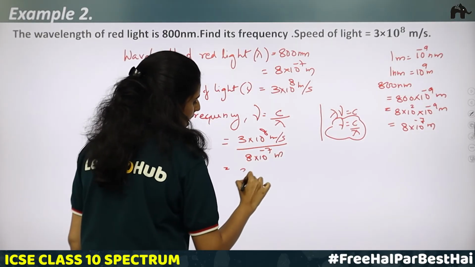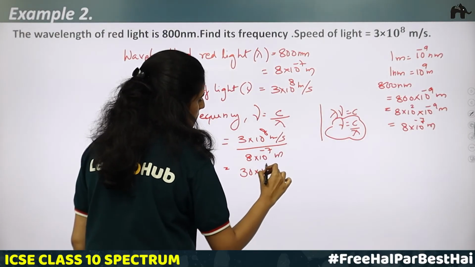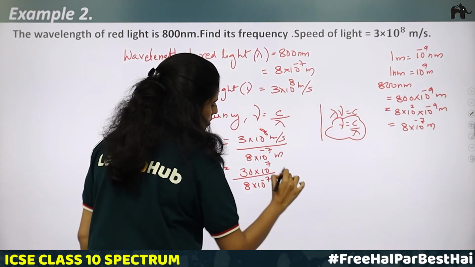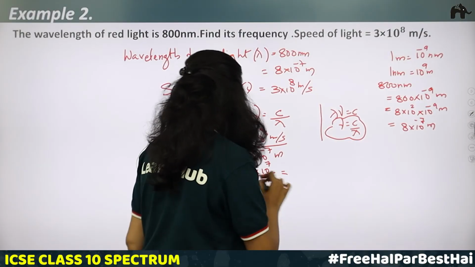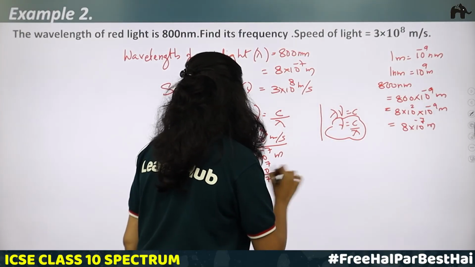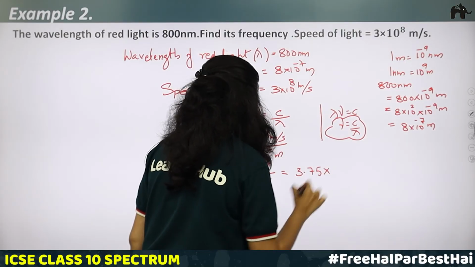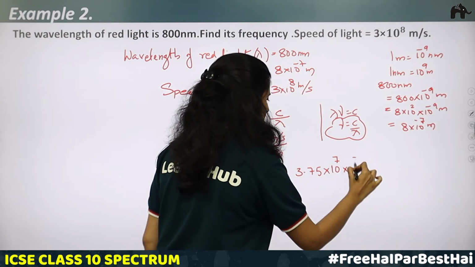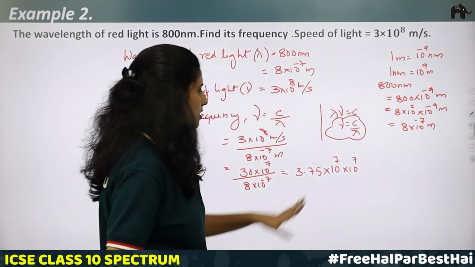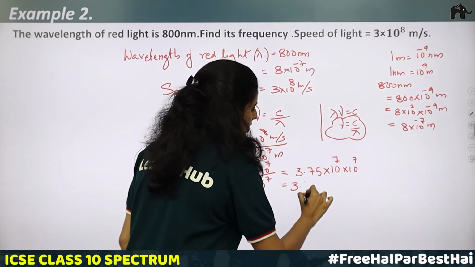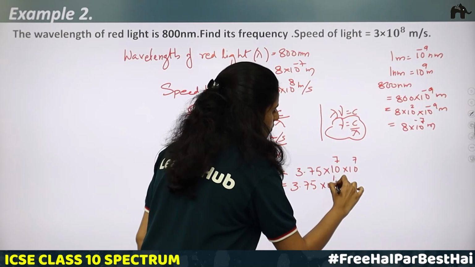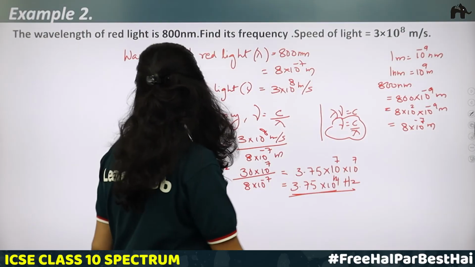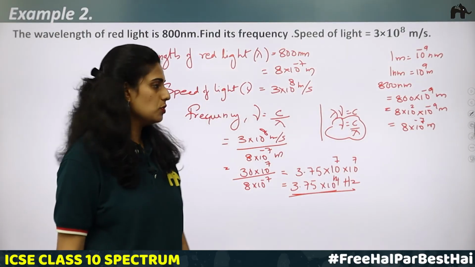So this can be written as 30 into 10 raised to 7 divided by 8 into 10 raised to minus 7. 30 divided by 8, you will be getting 3.75. 10 raised to minus 7 is taken to the numerator, it becomes 10 raised to 7, so 3.75 into 10 raised to 14 hertz. So the frequency of the red light is 3.75 into 10 raised to 14 hertz.